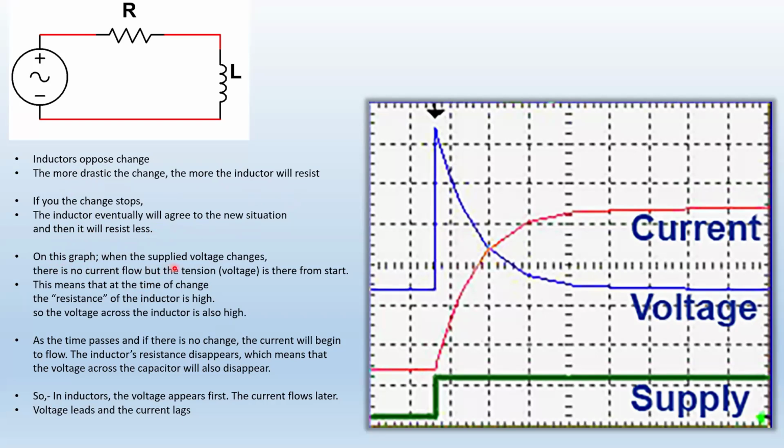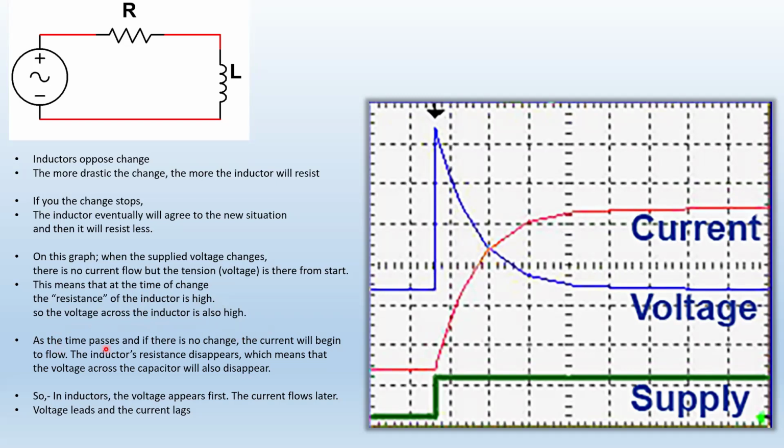On this graph, when the supply voltage changes, there is no current flow, but the tension, which is voltage, is there from the start. This means that at the time of change, the resistance of the inductor is high, as opposed to the capacitor. So the voltage across the inductor is also high.